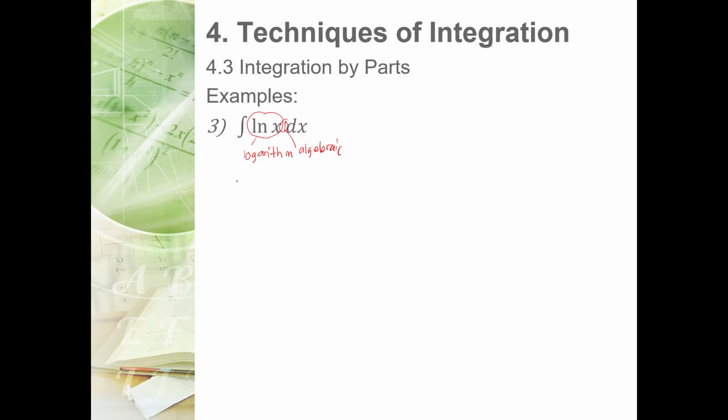So again, you have to start with the u parameter and then look for dv afterwards, or vice versa, depending on what you're going to do. So to start off, since we cannot integrate ln x, even though it's a more complicated function compared with the algebraic term, we cannot put it in dv. So we try to put it in the u parameter because I think it's much easier for us to derive ln compared with integrating it.